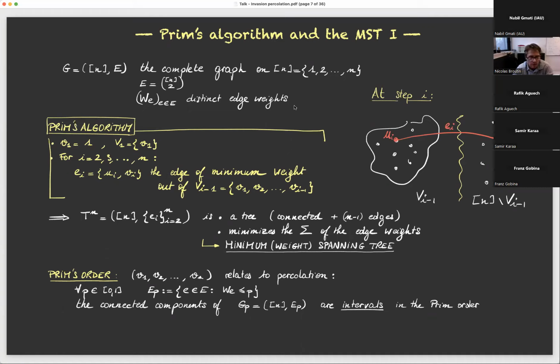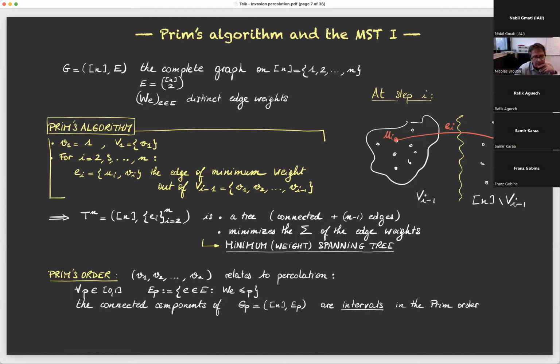Okay, so what is interesting for us is this order. So V1, V2, ..., Vn, you look at all the weights, and with all the weights, you define some order. And this order will be random if the edges are random.